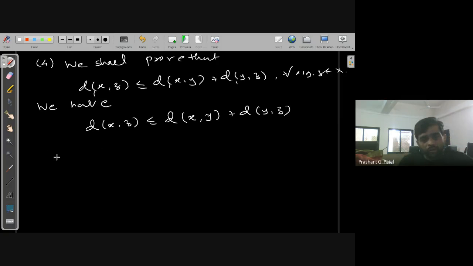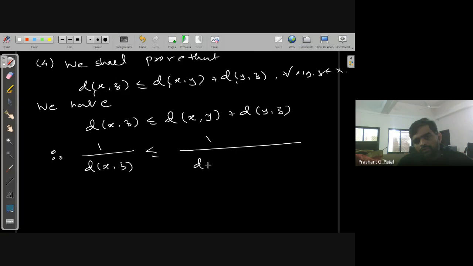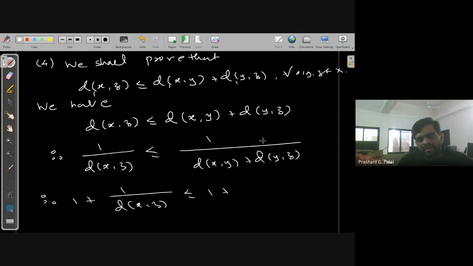I'll take the reciprocal. 1 upon d of xz is greater than or equal to 1 upon d of xy plus d of yz. I will add 1 to both sides because I want to adjust that 1 plus. So I just write this as this one.